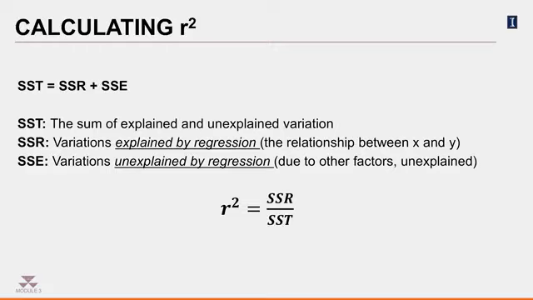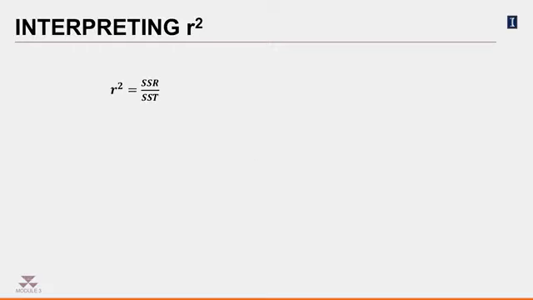R squared, being a ratio, will always be a value between 0 and 1. The closer R squared is to 1, the stronger is the regression model. A regression model with an R square of 90% means that 90% of the variations in the response variable y can be explained by the independent variable x.